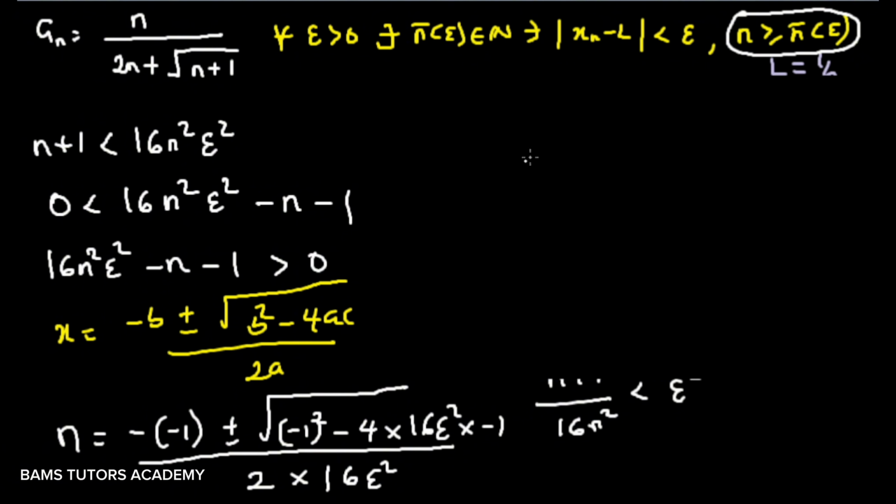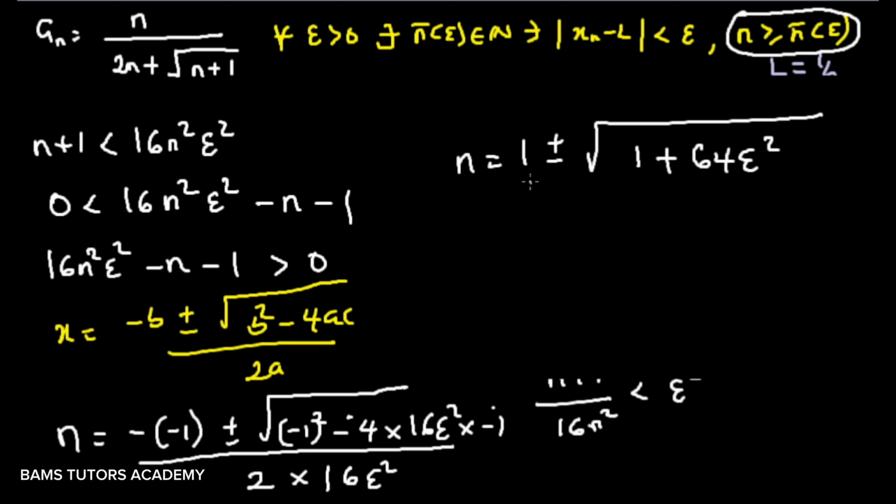So we'll now have n equals 1 plus or minus the square root of 1 plus, because the minus and the minus become plus, 16 times 4, that is 64 epsilon squared, over 32 epsilon squared. Now this is greater, because we're working with greater than 0.